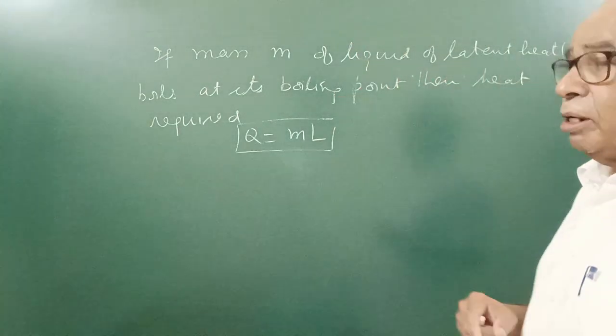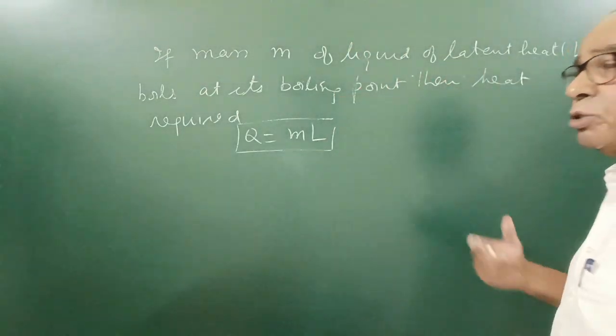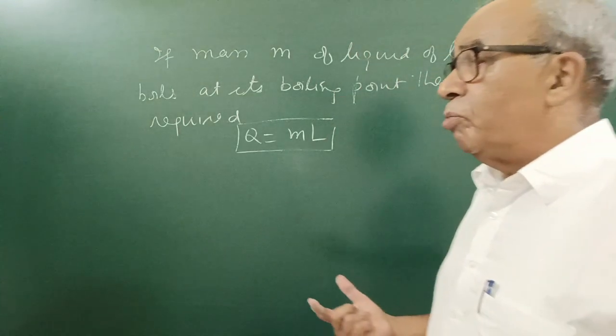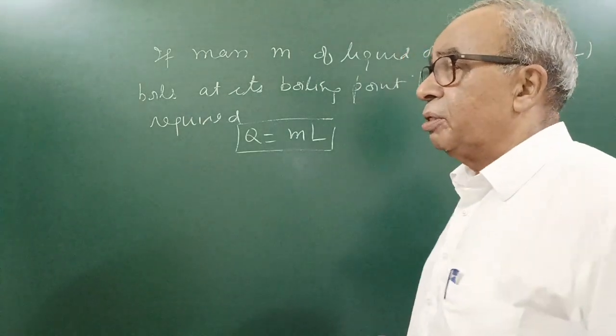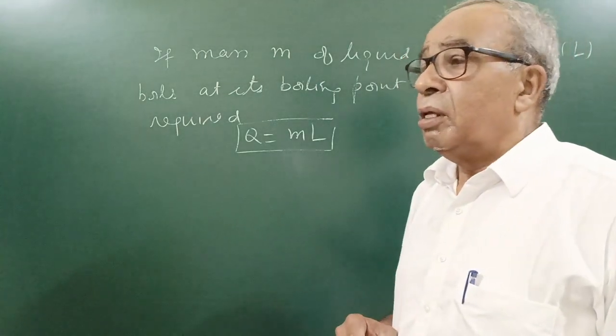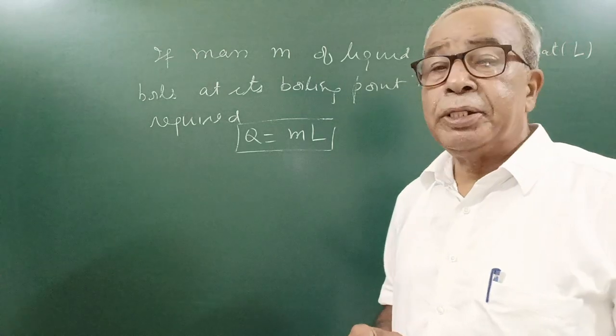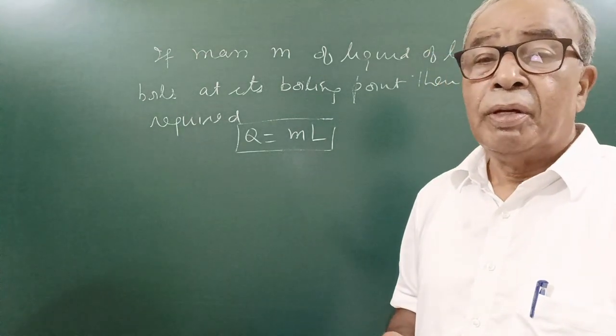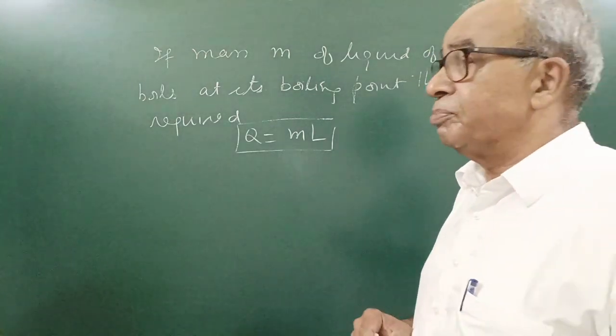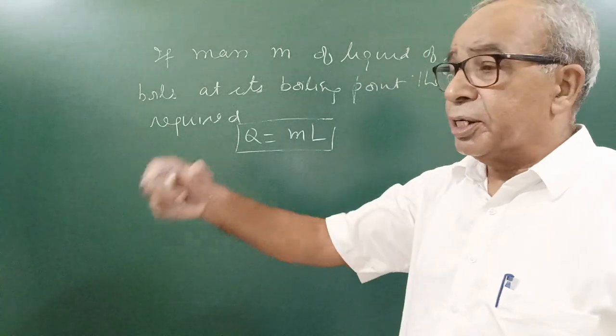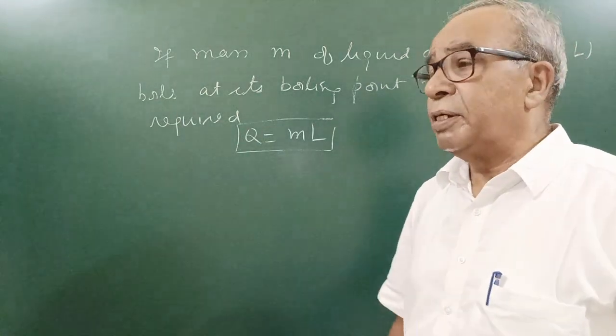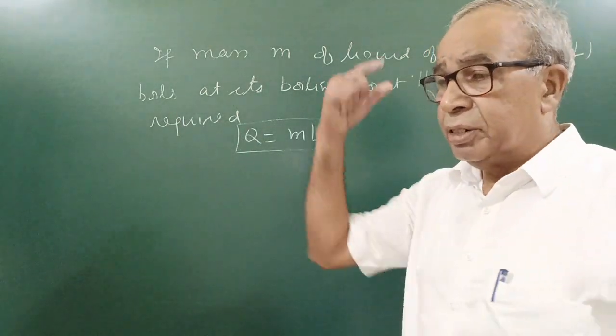So on one side of the refrigerator we allow the gas to pass at low pressure. The boiling point decreases with decrease of pressure. Then that gas takes heat from the surrounding and further evaporates.